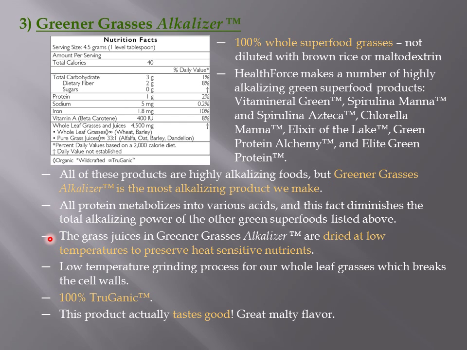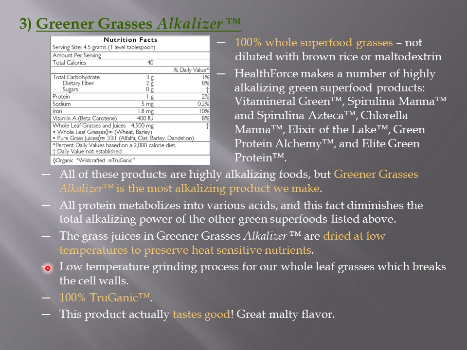And the grass juices in Greener Grasses Alkalizer are dried at low temperatures in order to preserve their heat-sensitive nutrients. We also use a low-temperature grinding process for our whole leaf grasses, which breaks the vast majority of the cell walls. You know, if you just chew on a blade of grass, you're not going to get a whole lot of nutrition out of that. The cell walls of whole leaf grass are cellulose, which is virtually indigestible for humans.